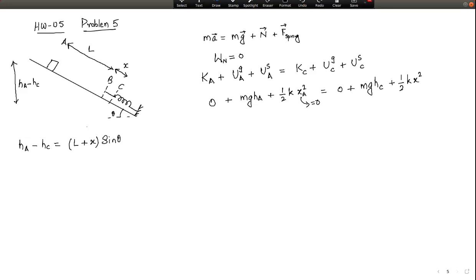So we get our conservation of energy equation to be mg(h_A minus h_C). I move this term h_C to the left, and that's equal to half k x squared.